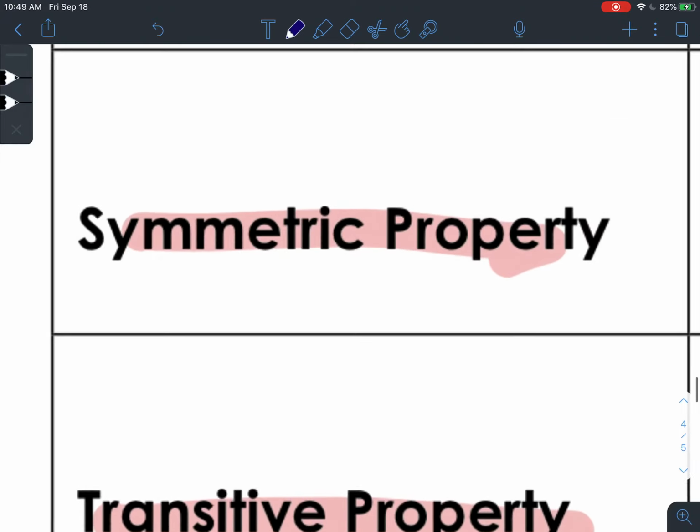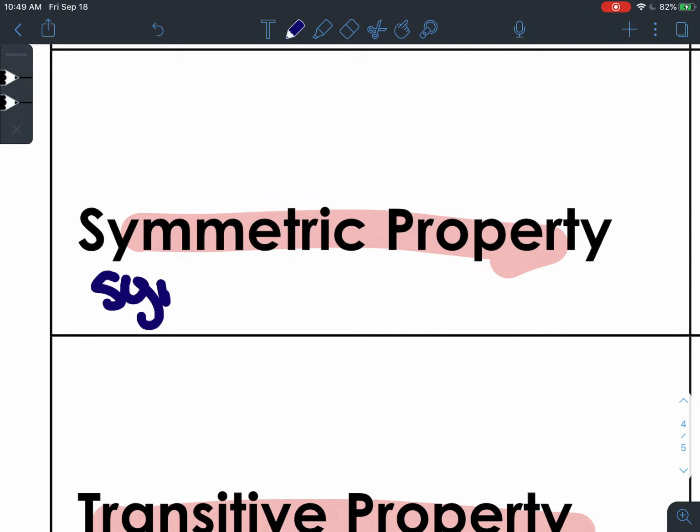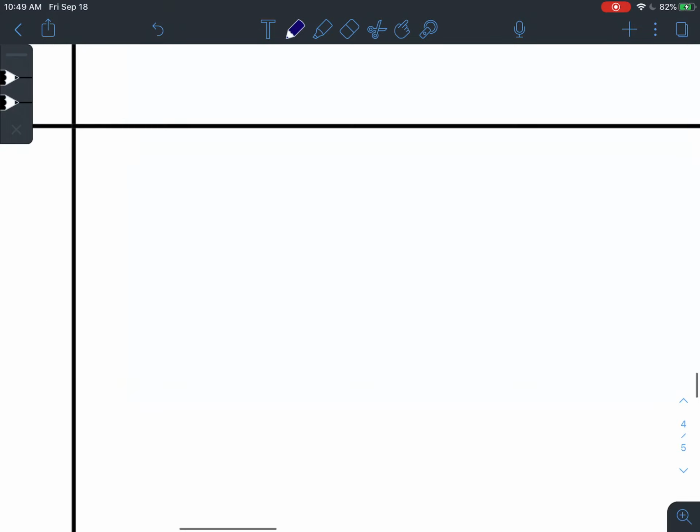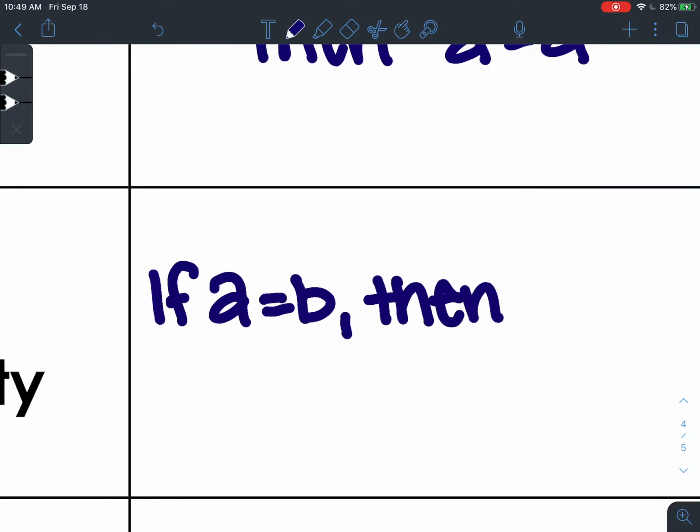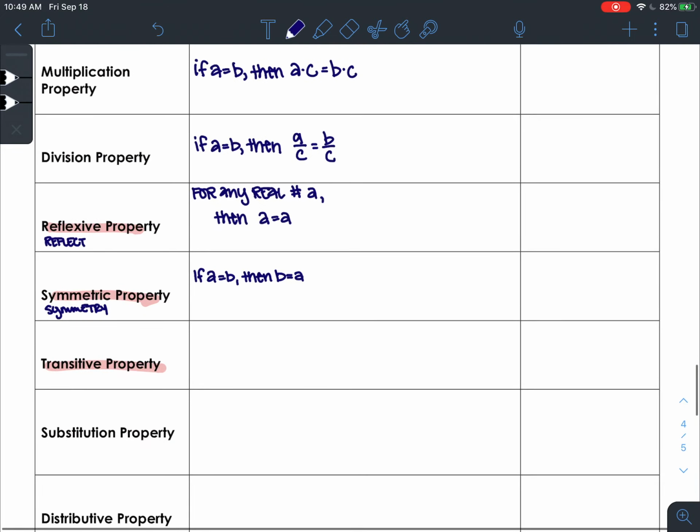Now, the symmetric property, I think of the word symmetry, right? So what this one is saying is if A equals B, then B equals A. So you actually use this a lot, and you probably just haven't realized it, okay? But like an example of this is, let's say you're solving an equation, right?